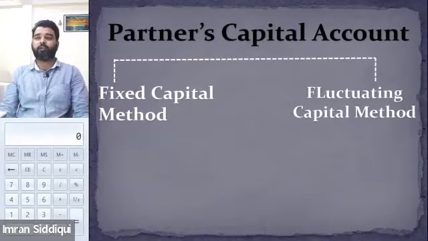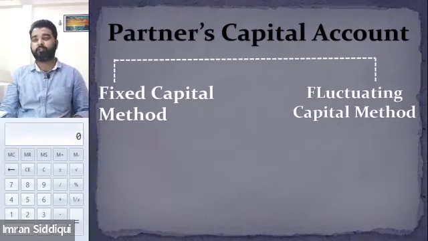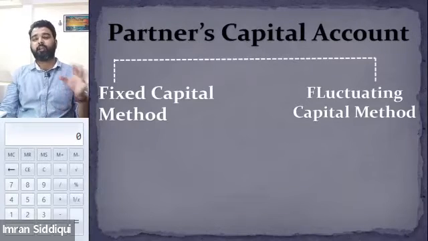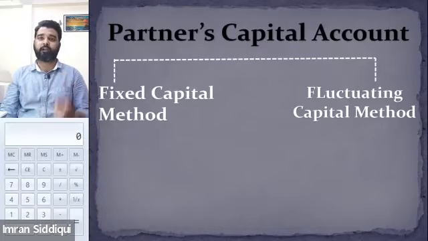I mean transactions like drawings, interest on drawings, interest on capital, salary, commission, any transaction that may increase the capital balance for the partner or lead to a reduction in the value of the capital. Everything will be recorded at one single place, which is known as partners capital account.